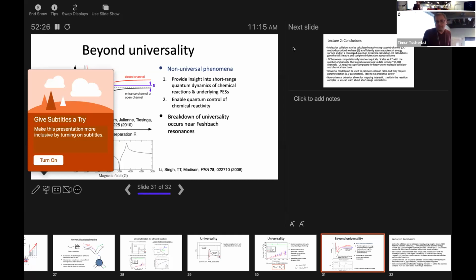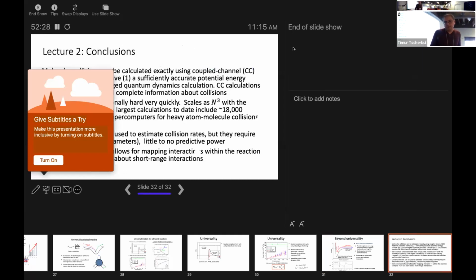Okay, so my conclusion for today is you have options when it comes to molecular collisions. You can do exact coupled channel calculations if you're brave enough and you have good friends in electronic structure and quantum chemistry, and then you can do collision dynamics calculations, but beware, they scale very steeply and can become very hard very quickly as you increase the size of the system.